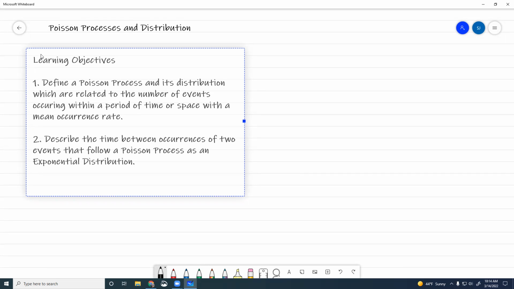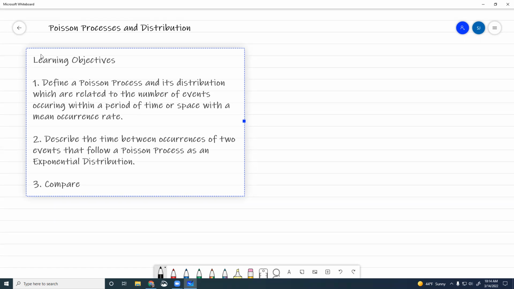And so if the Poisson process is the number of events occurring within a period of time, that's very similar to a trial, essentially. So the exponential distribution is the time between events. The geometric distribution is the number of trials in between events. An important distinction, but it is very much related to the geometric distribution.